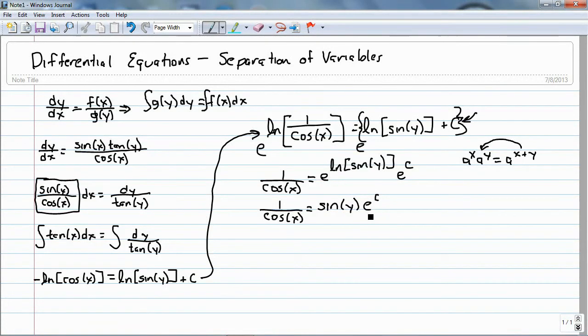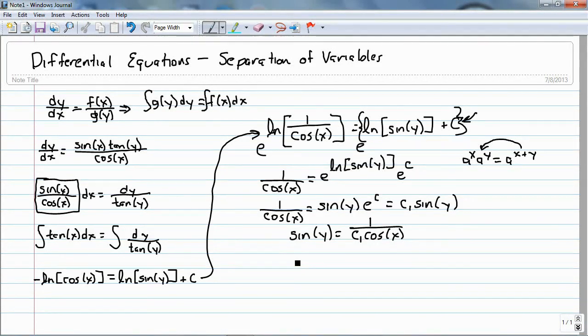Now e to the c, that's just some constant. So I can simplify this and just make this e to the c some constant c1 times the sine of y. And now if I divide both sides by c1, I get sine of y is equal to 1 over c1 cosine x.